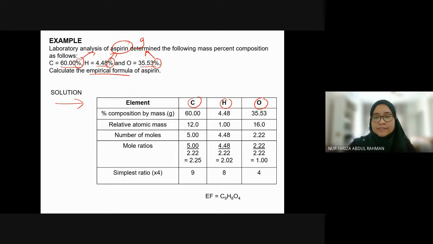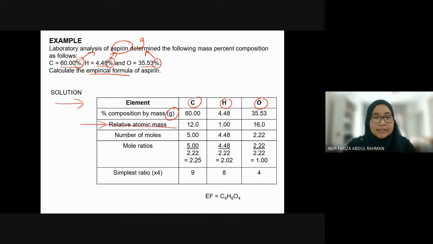The first row is the composition by mass in gram, so convert everything into gram: 64.48, 35.53. Next will be the relative atomic mass. This is not compulsory. If you don't have this, it's also okay, because for some of the constituents we have already memorized the molar mass. So let's just skip this part. If you feel that you want to include it, then go ahead.